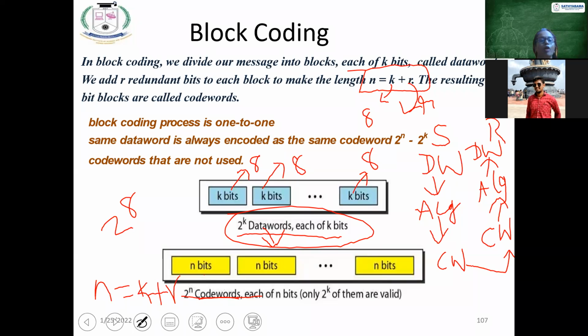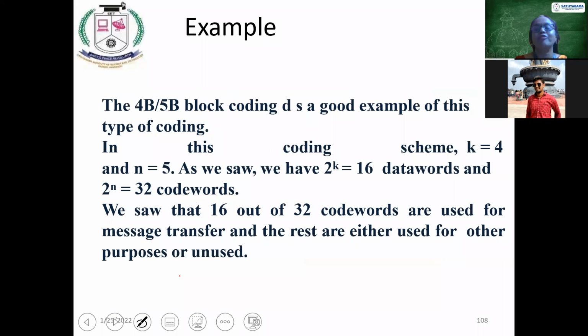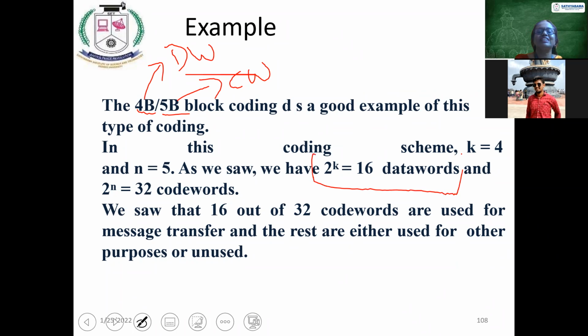Now, one simple example you have to understand. They talk about 4-bit/5-bit block coding. What is 4-bit and what is 5-bit? The 4-bit refers to the data word, and the 5-bit refers to the code word. I told you how the code word is created from the data word. So how many data words are there? 2 power k, that is 2 power 4.